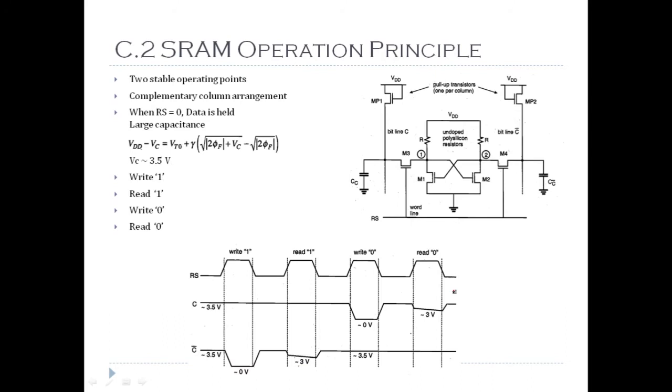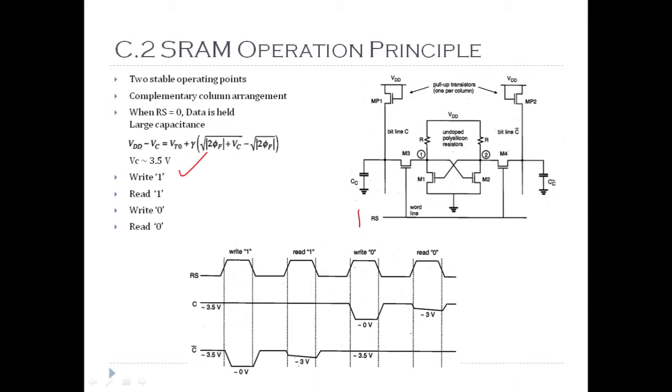Yeah. So now let's look at the operations. First we'll start with the write 1 operation. Whenever any operation needs to be performed on a cell, the cell needs to be accessed first. The cell can be accessed by activating the row line, that is by pulling it up. So RS is equal to 1. So let's consider the write 1 operation.